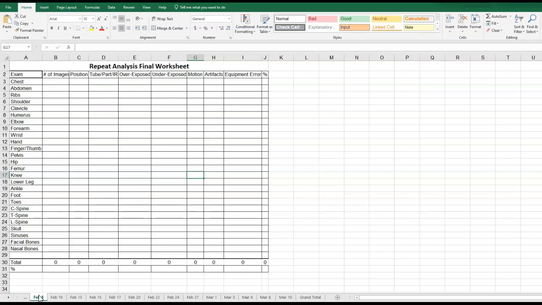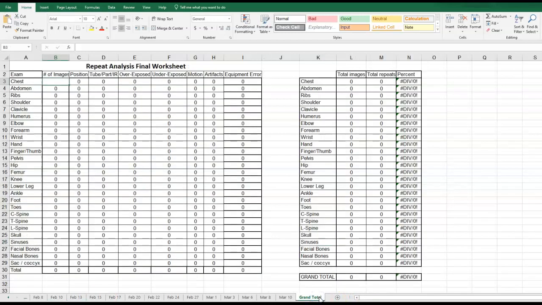The spreadsheet is set up to continually run a continuous tally. However, if you accidentally delete the setup of the program, then you'll have to go back and just make sure that it's continually keeping tally of everything. So just make sure you count and make sure that the numbers are correct once you get to the grand total.